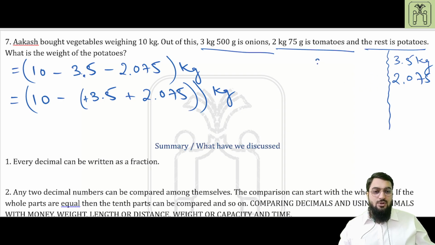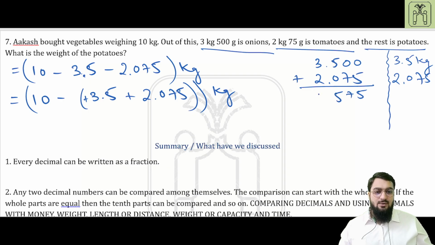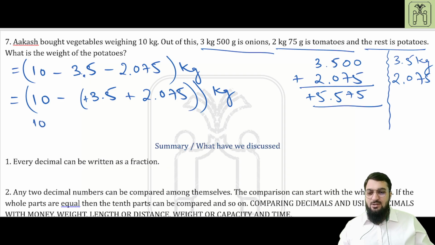Okay, so 3.5 and 2.075 is the addition which we have to do. Okay, and this will be 5, 7, 5 and 5. So 5.575 has been obtained with a plus sign. After that, what we can do, we can just write 10 minus 5.575, and that will be the final answer.